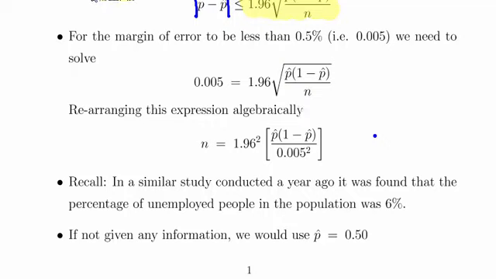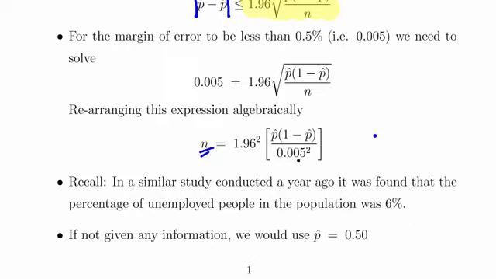Now, we have to do some quick algebraic rearrangement. Because we're squaring things, we will get n equals 1.96 squared times p hat times 1 minus p hat over 0.005 squared. So a little bit of work goes into that. These sample size estimations can be a little bit clunky to work with. Essentially what we have to do is find a value for n that would work there.